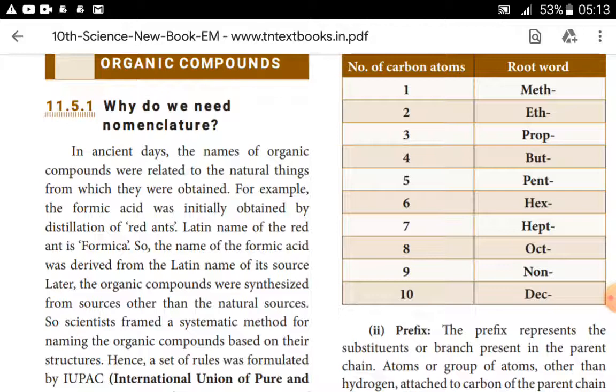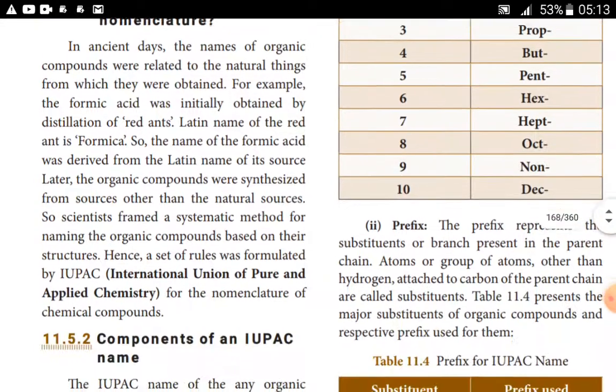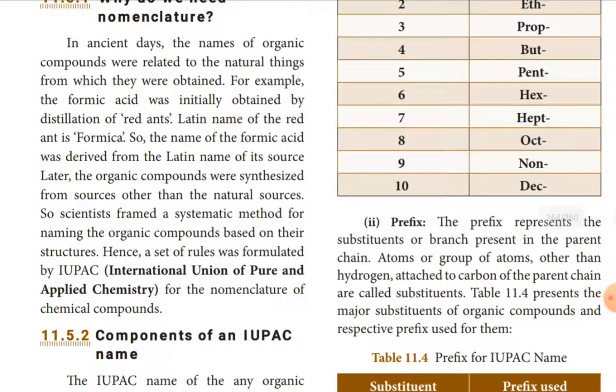But later on, the chemists tried to prepare organic compounds by synthesis using artificial methods. So a set of rules was formulated by IUPAC, International Union of Pure and Applied Chemistry, based on the number of carbon atoms, based on the carbon structure.